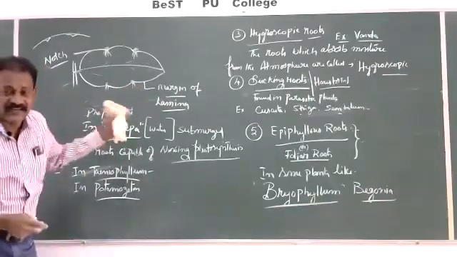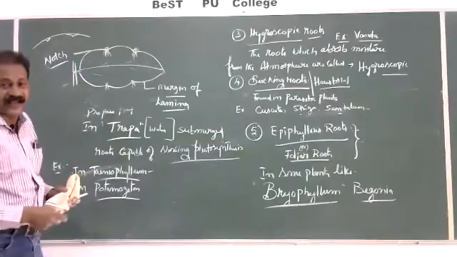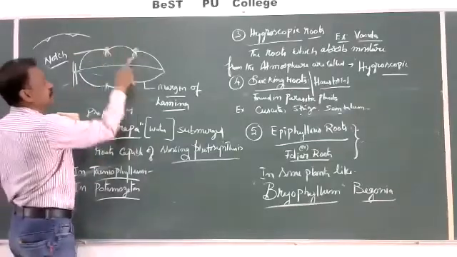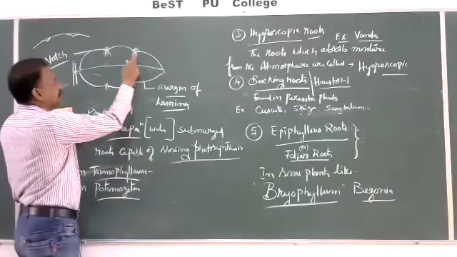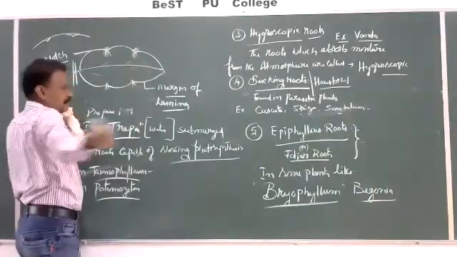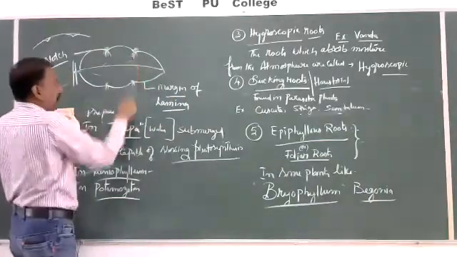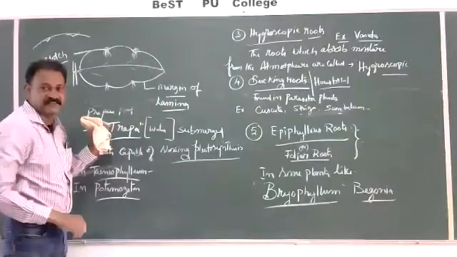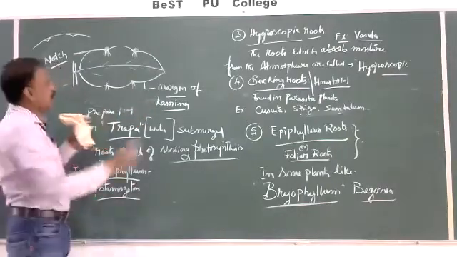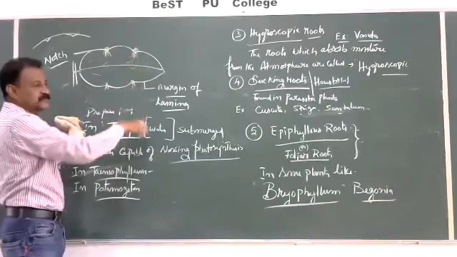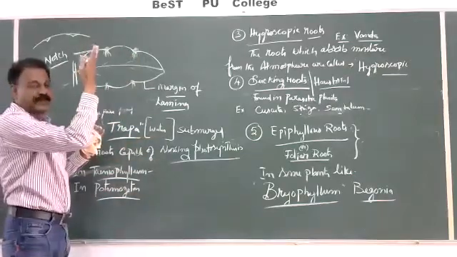Whenever these epiphyllous roots are separated from the main plant and fall down on the surface of the earth, automatically these roots will fix to the soil and develop into a new plant.